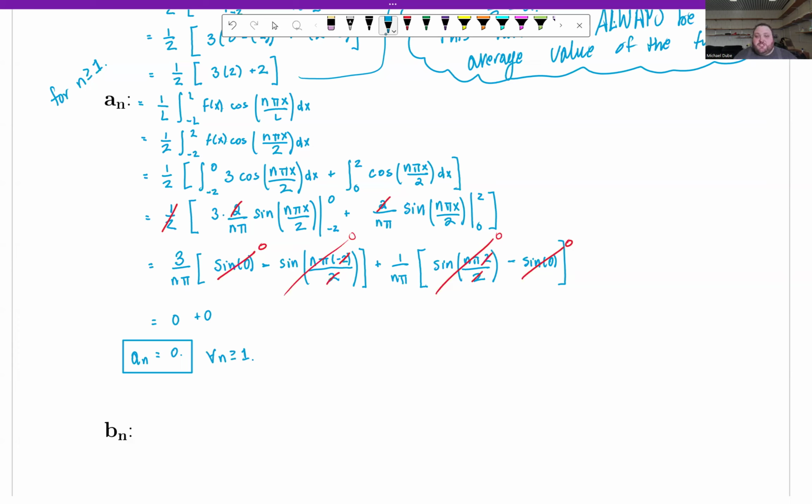Okay? So, note, all cosine terms will have a coefficient of 0. Okay?